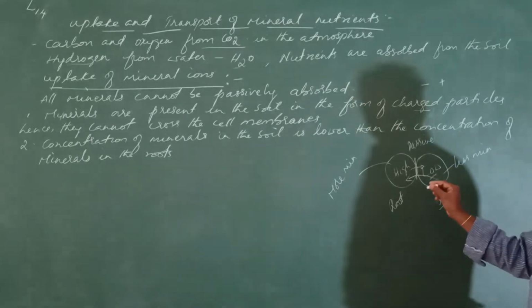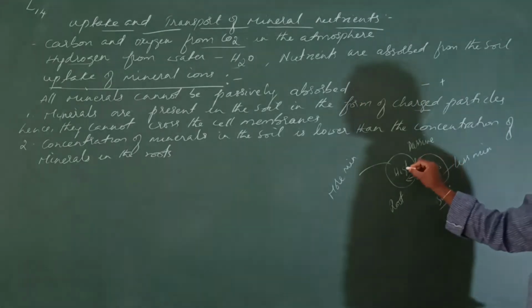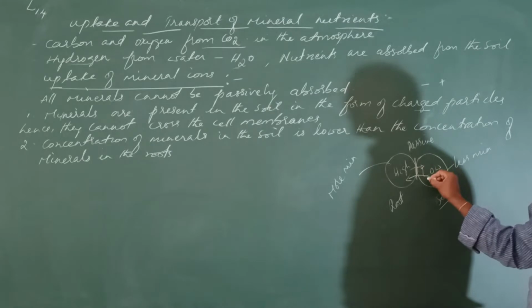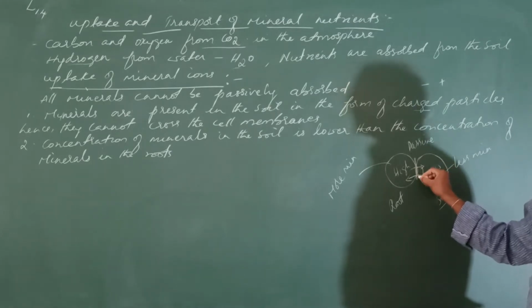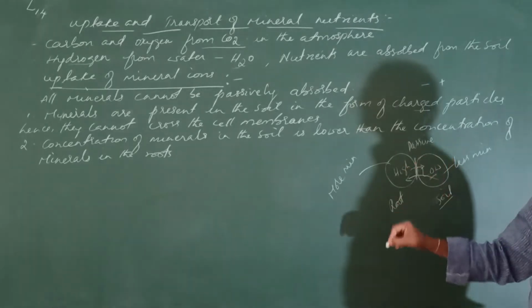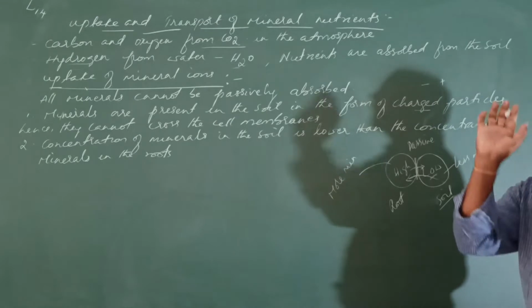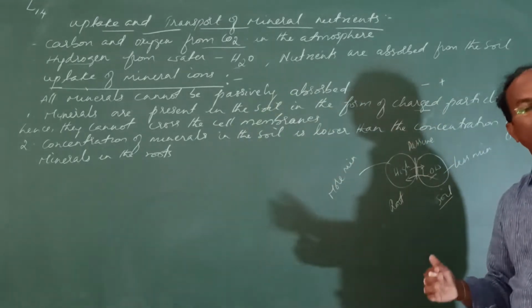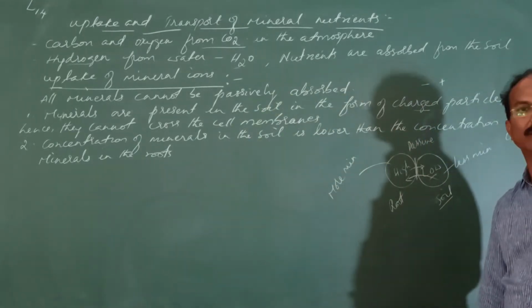Got it? So from the soil into the roots, by using energy like ATP, the membrane proteins present on the membrane transport these ions into the roots. That means active transport occurs.